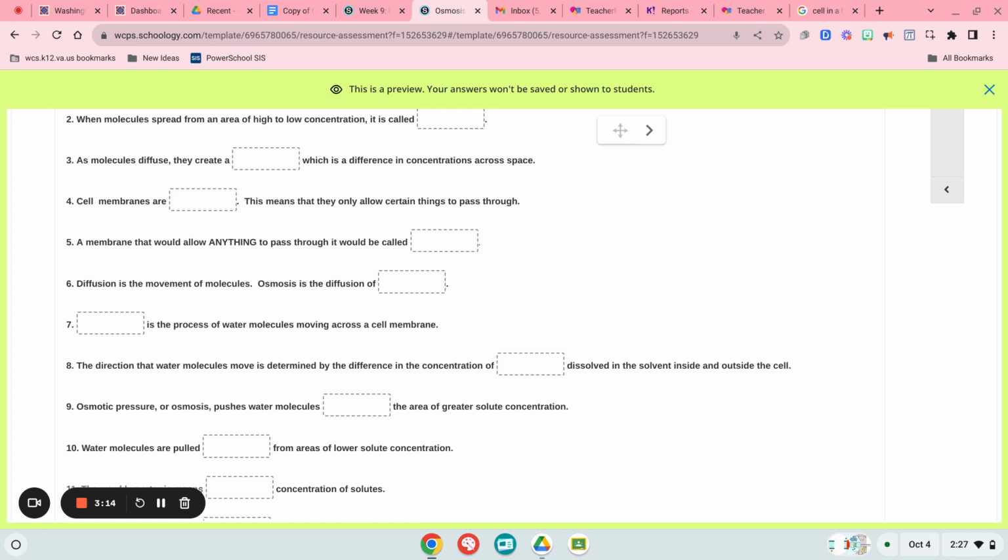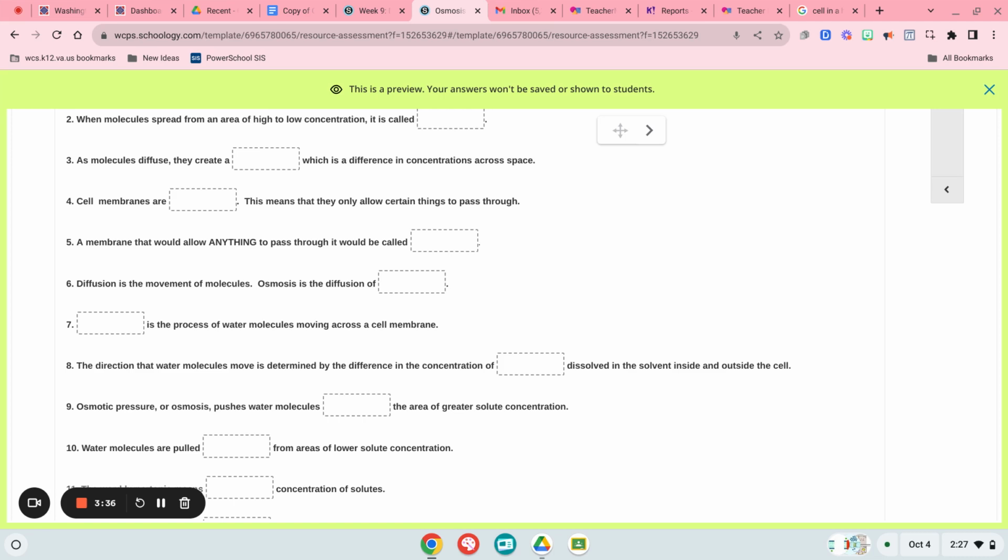You could think about if you had a flood and the greatest concentration of water is outside, and you open the door to your house, then that water is going to rush in. So it's going to move to that lowest concentration of water. You can think about osmosis that way.